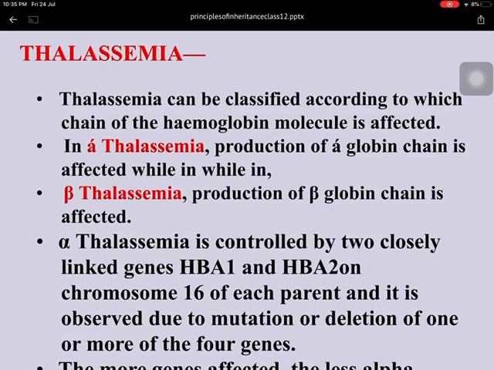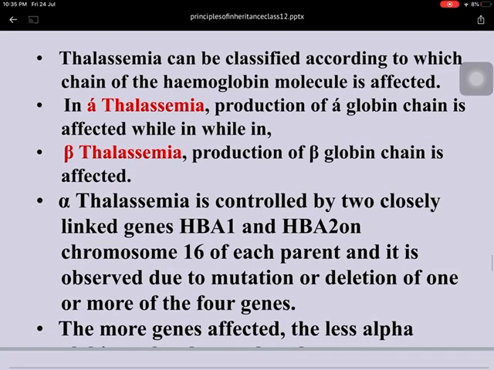So alpha thalassemia is controlled by two closely linked genes, HbA1. What does it mean? Hb is for hemoglobin and A is for the alpha chain.